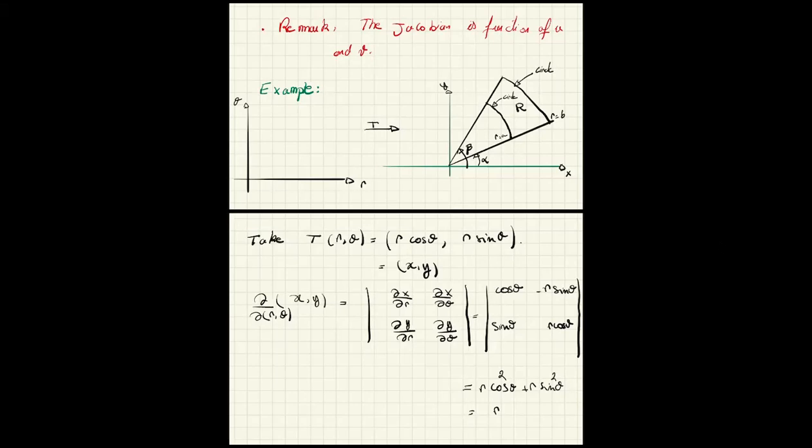And same thing here, right? Theta is fixed and r moves from A to B.